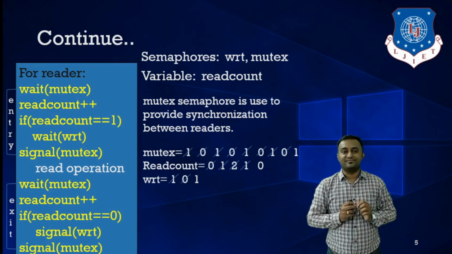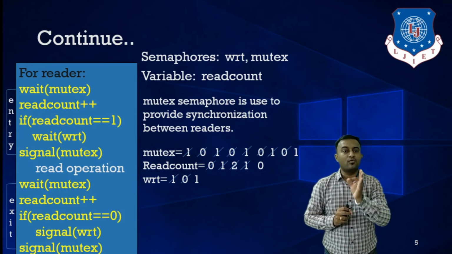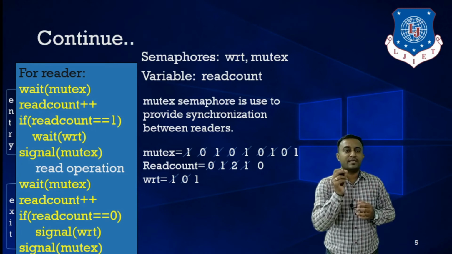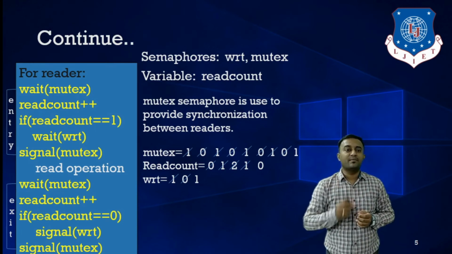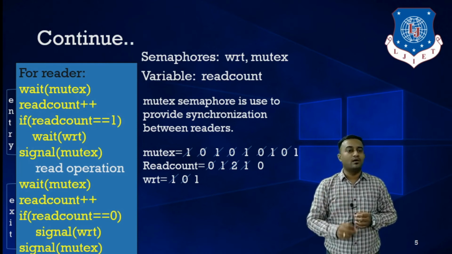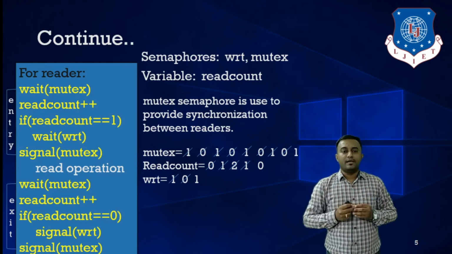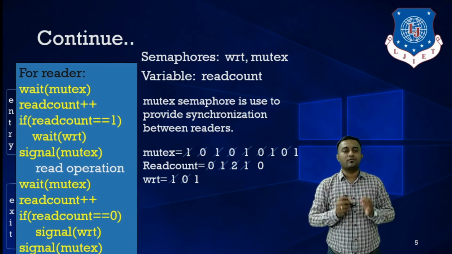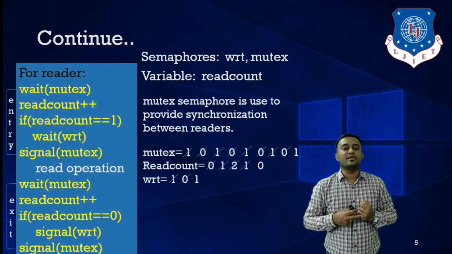So this condition checks if read count is equal to 1. In this case the condition is satisfied, because we have recently incremented read count, so now it is 1. So 1 is equal to 1, the condition is true, and it goes into the statement, which is wait of WRT.